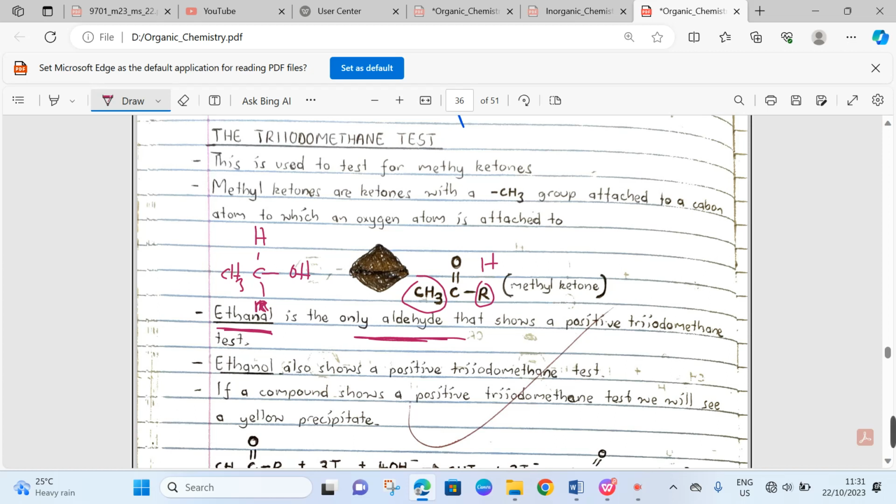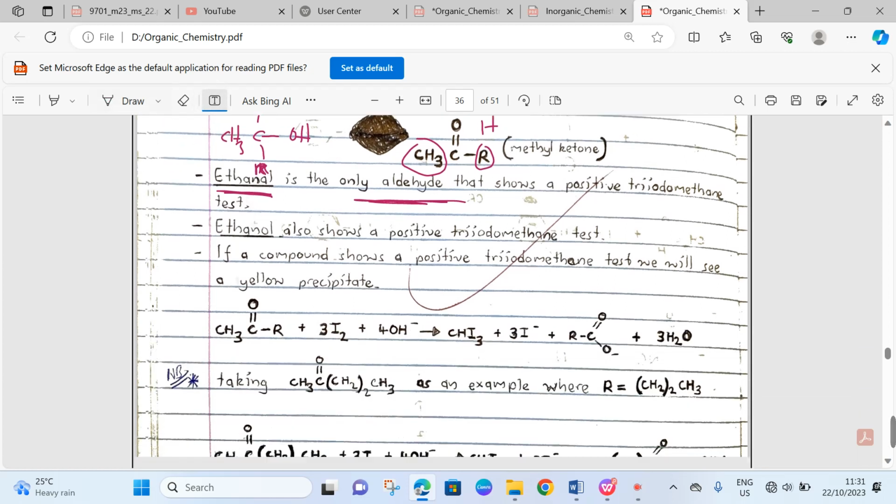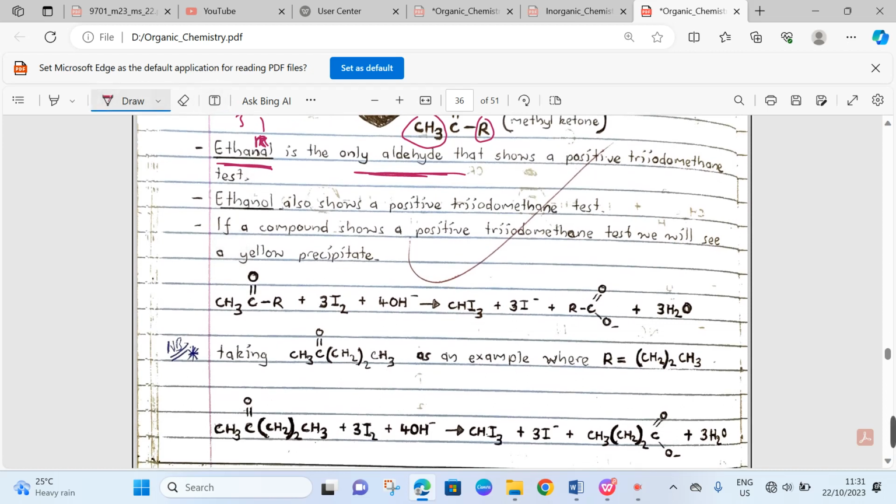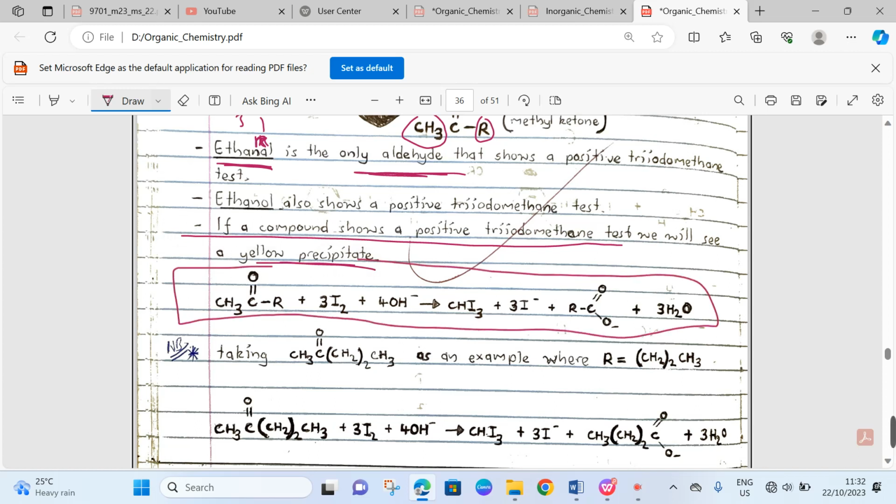Now, down here, I was saying, if a compound shows a positive triiodomethane test, we will see a yellow precipitate. For an aldehyde, this is an equation I wrote here that indicates what happens. You add 3I2 plus 4OH negative, you produce triiodomethane, which is this one, plus your iodide ions, your carboxylate ion, and 3H2O.